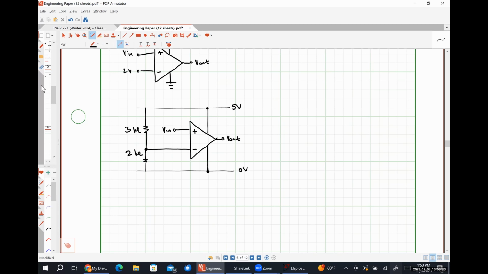Now, let me show you something slightly different before I have to go to my next class. We could have just as easily said, with this X, Y, and Z, now we have a Y network and we might want to replace it with a delta.